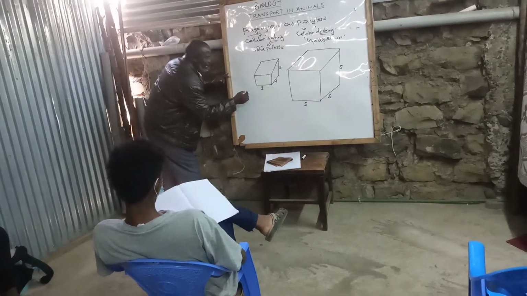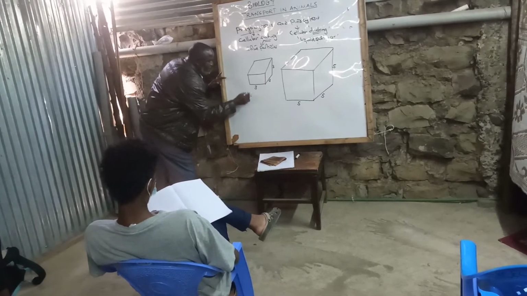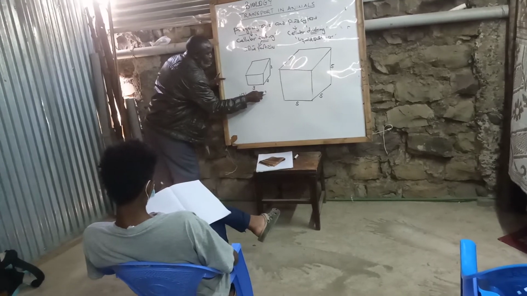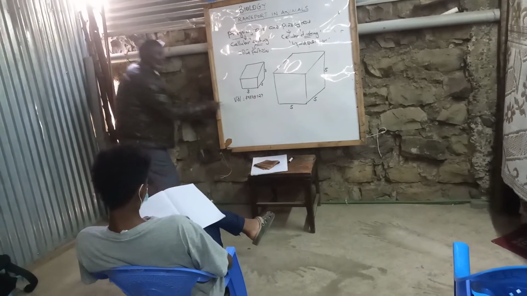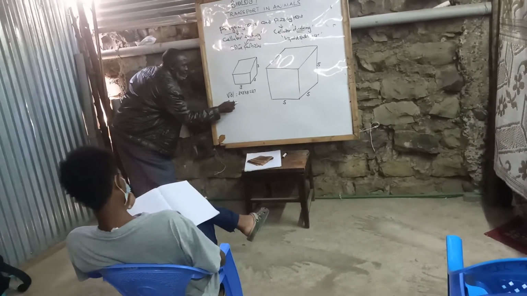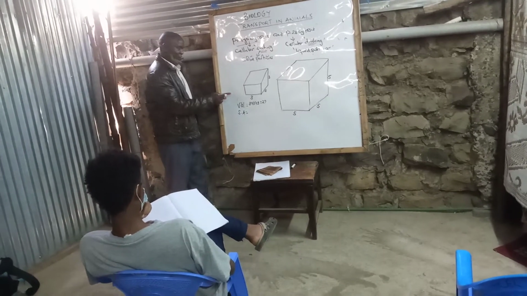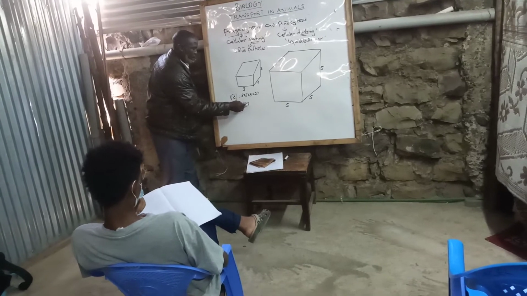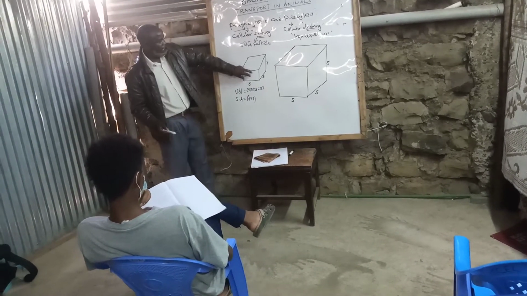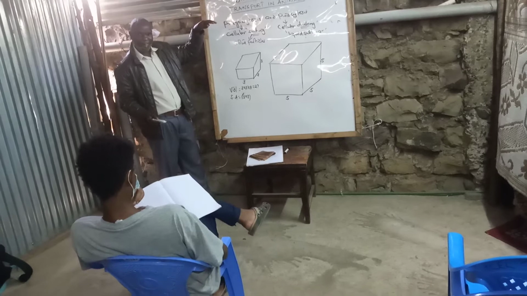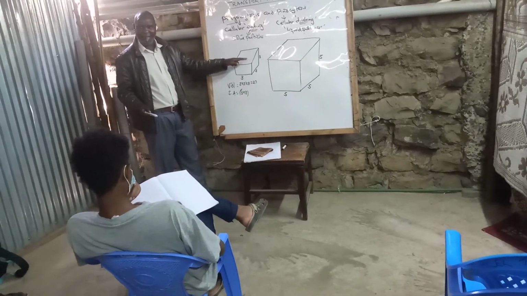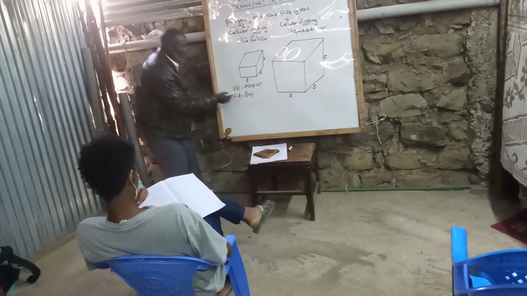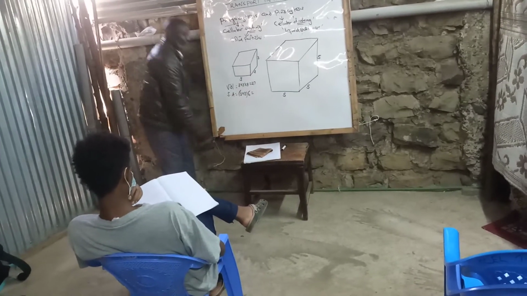So here, the volume of this cube is 3 times 3 times 3, which is 27. What is the surface area here? The area of one face is 3 times 3, that is 9, and all of them are the same. So how many faces are here? 6. So we multiply by 6.